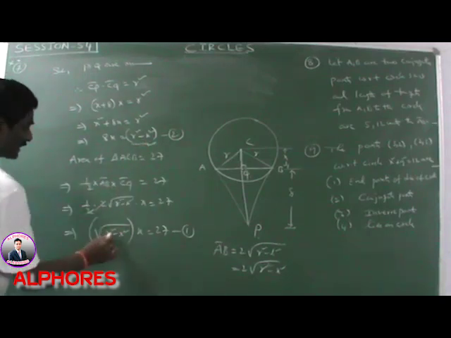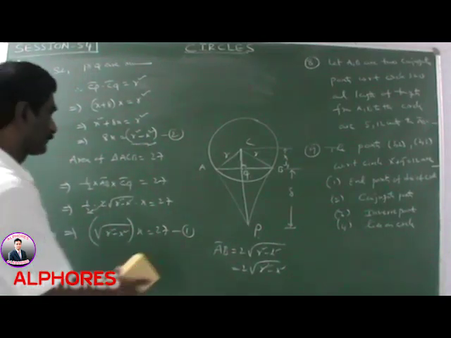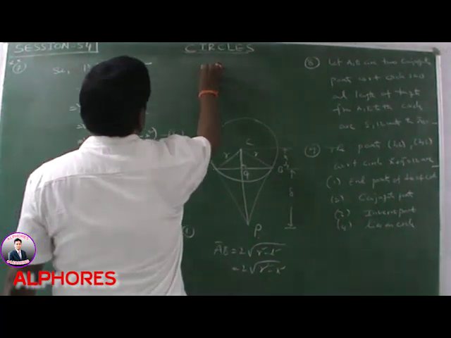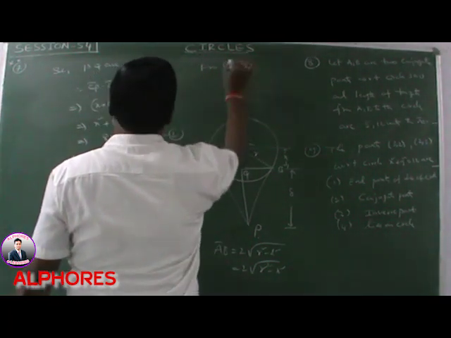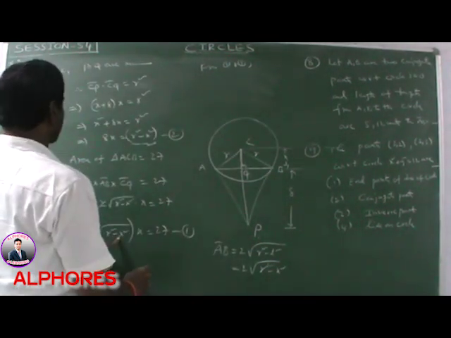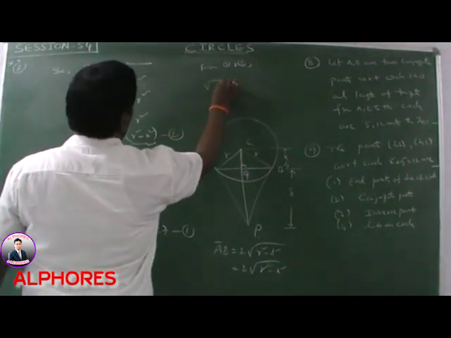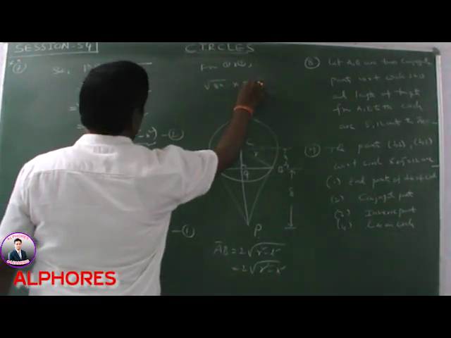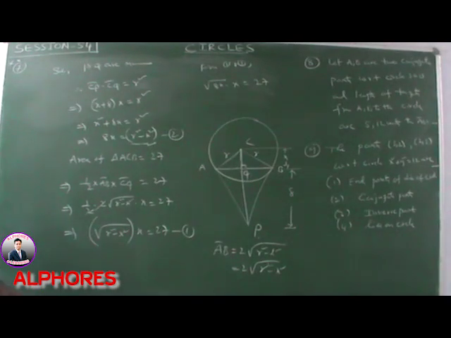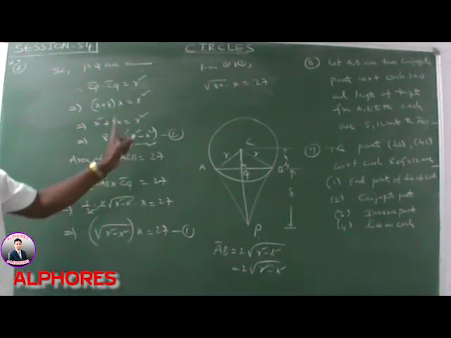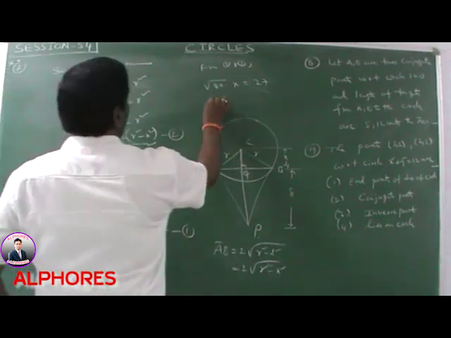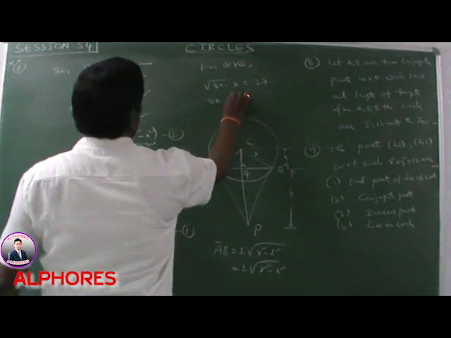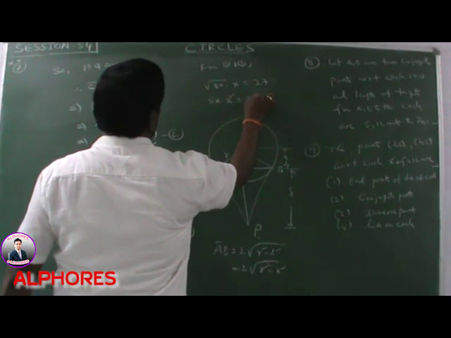Substitute this value in this equation. From 1 and 2, r square minus x square means 8x. Root 8x into x is equal to 27. Okay. After squaring on both sides we get 8x into x square is equal to 27 square.